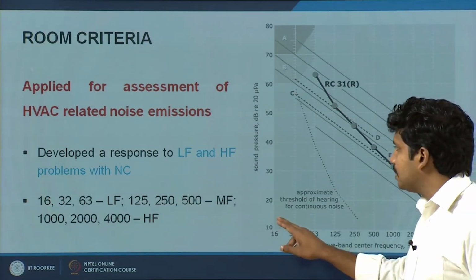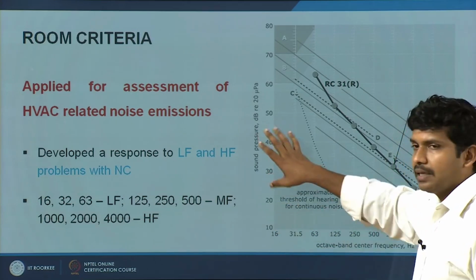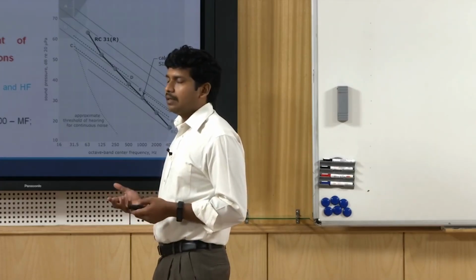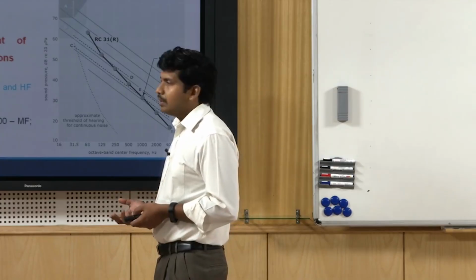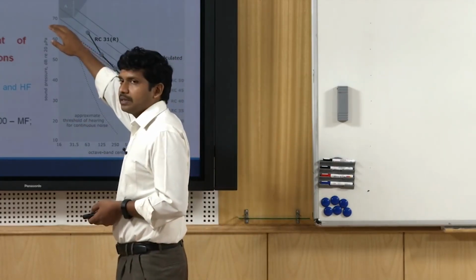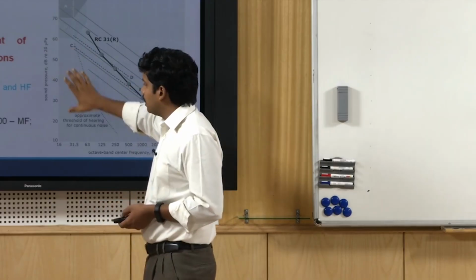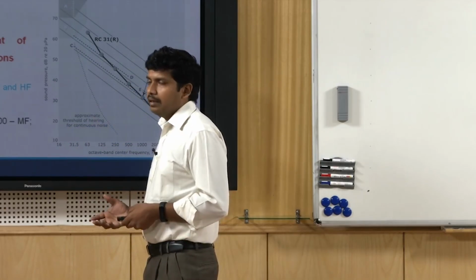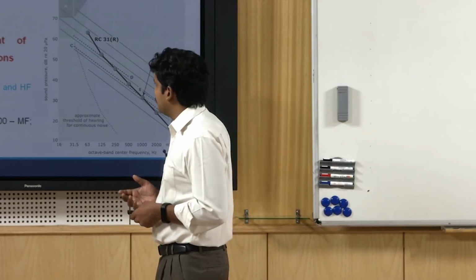At these frequencies, when sound is emitted, it will be felt as vibrations, direct physical vibrations rather than audible sounds. Only very high sound pressure levels can be heard at, for example, 16 hertz, but before we start hearing it, you start feeling the physical vibration.